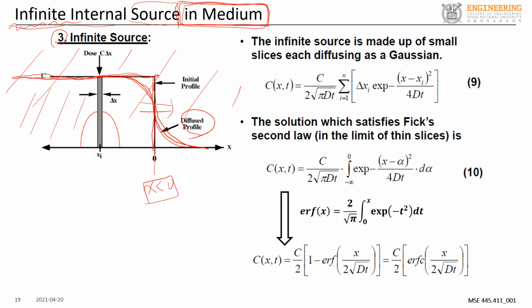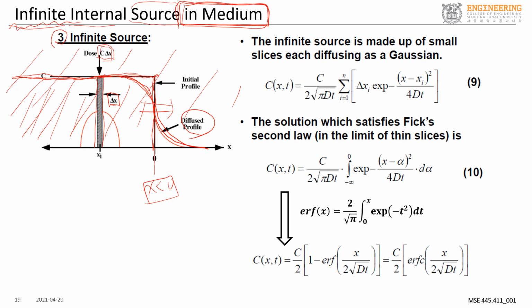And one way to solve this problem is you can treat this infinite source as the sum of these small bars. And if you look at this small bar, if you fix this delta x, the dose is the concentration C times delta x. So this dose is fixed.